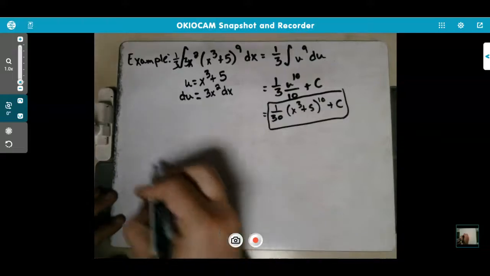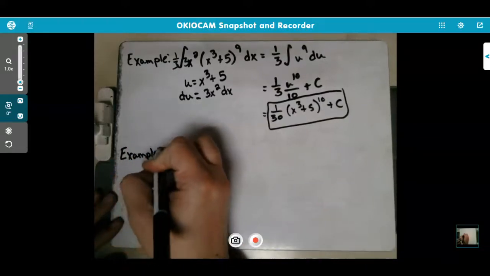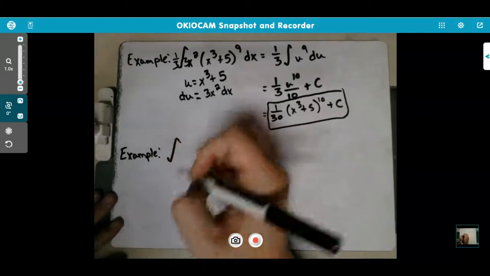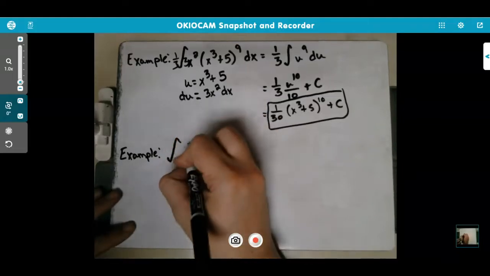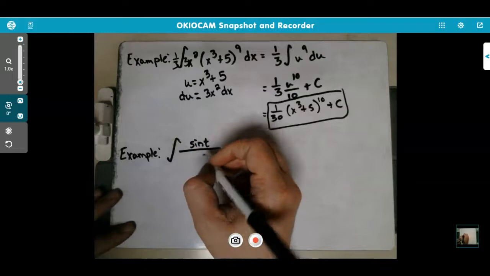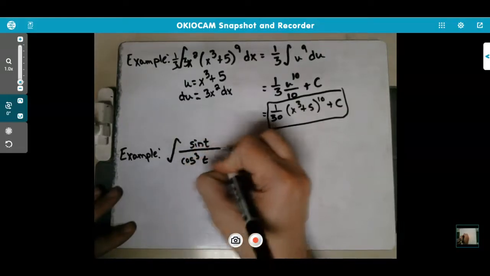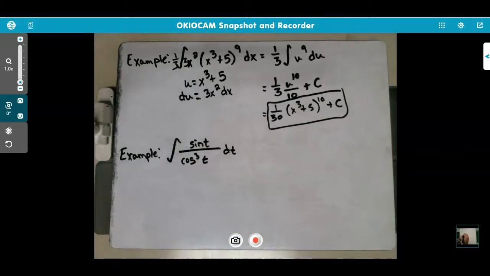Another example, this one's really neat. I like this one a lot. This one is the integral of sine of t over cosine cubed of t dt. Now this one for sure, I look at this and it's like, what the heck is this, right?